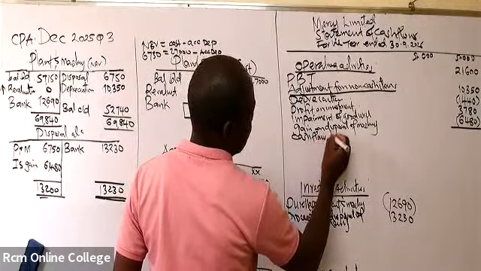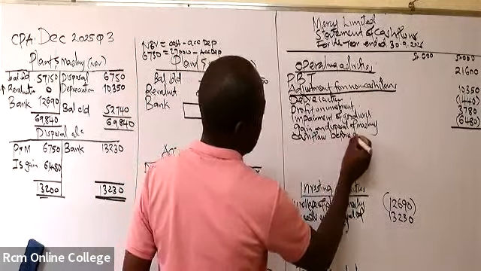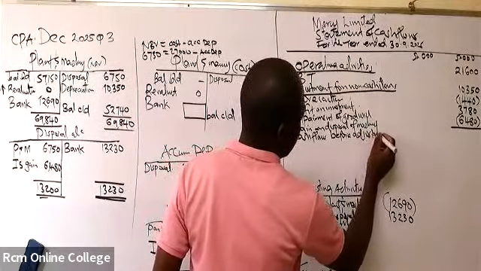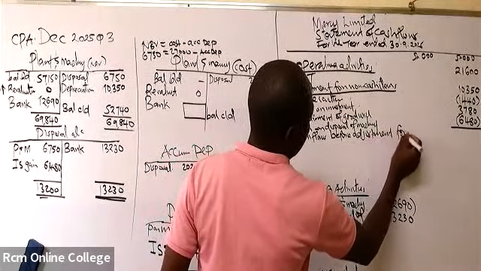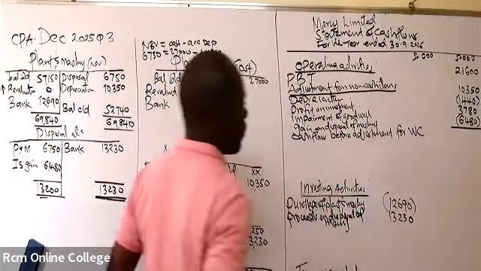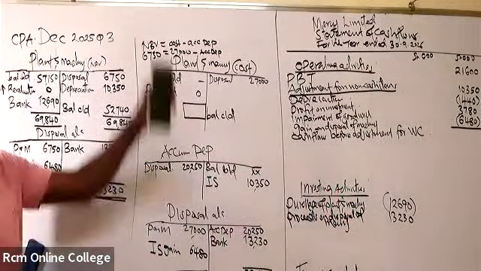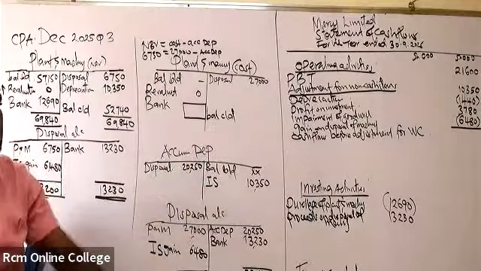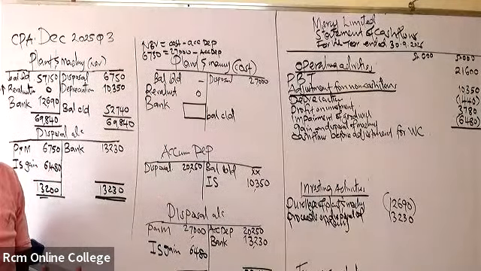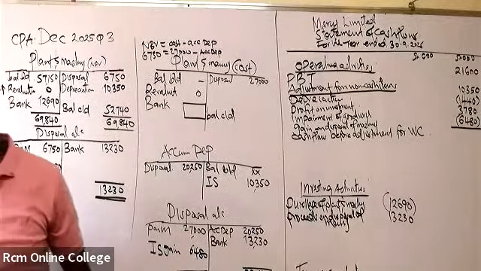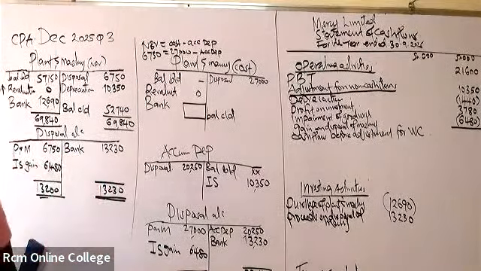Cash flows before adjustment for working capital. How much do we have? So you add everything from 21,600, you add what's supposed to be added, you less what is supposed to be less. So what are we getting?